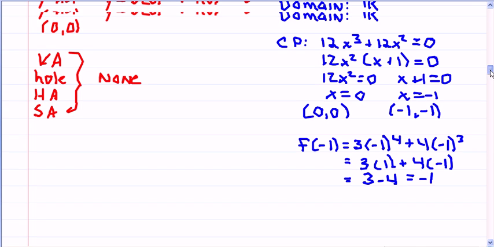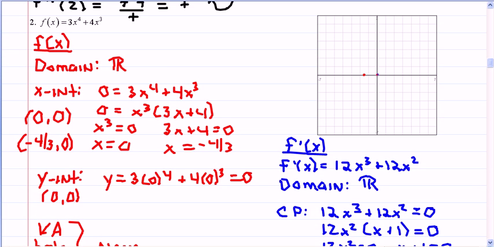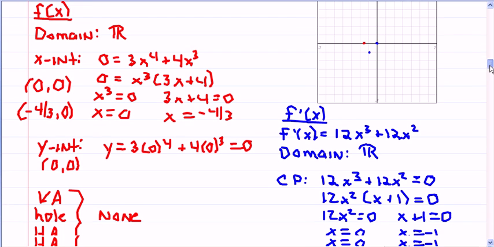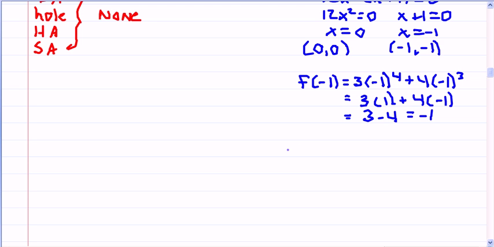And if I take these 2 points and put them on the graph, these 2 points are going to be either maximum values or minimum values. And the way I'll determine which ones they'll be is I'll use the first derivative by picking points in between the intervals of -1 and 0.